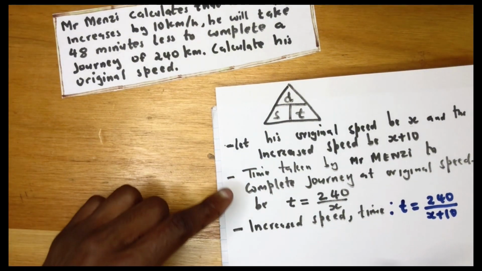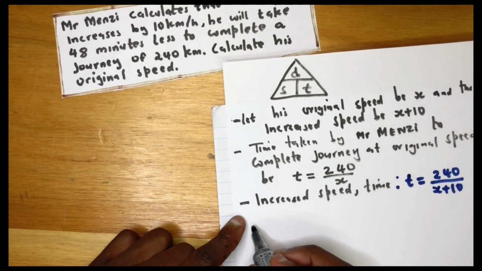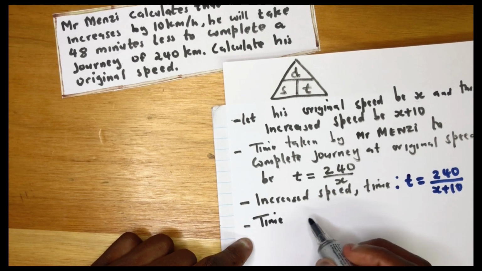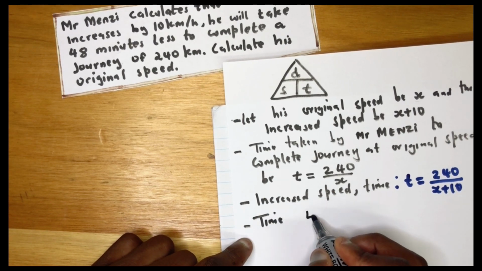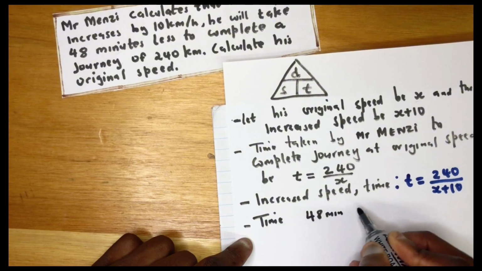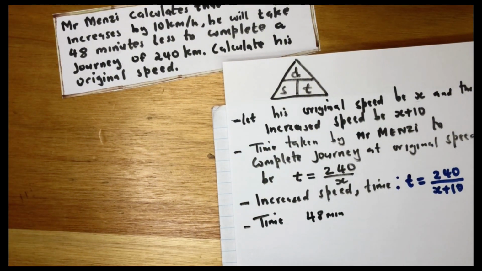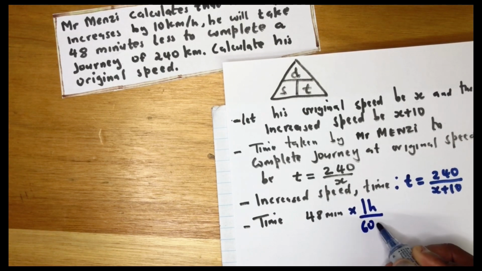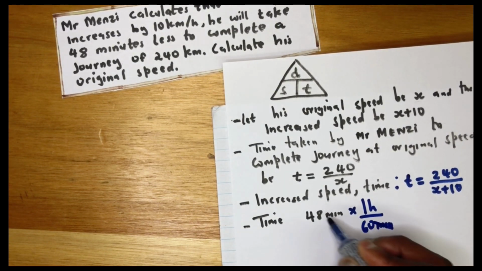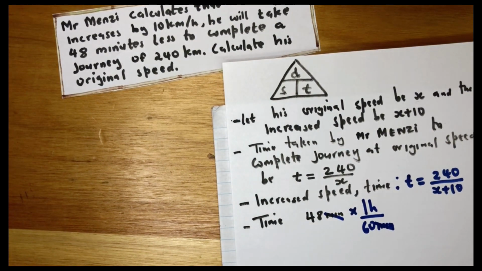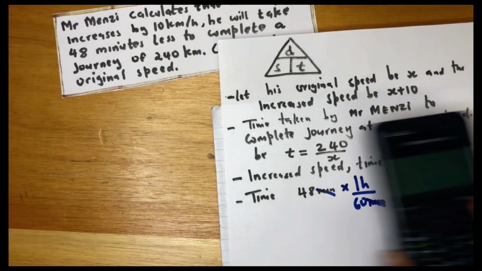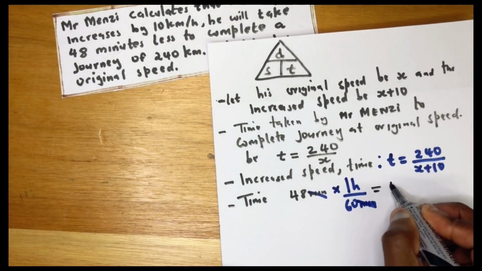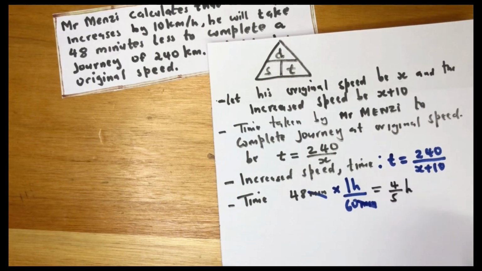So the time is 48 minutes, times 1 hour over 60 minutes. The minutes cancel out. If I press on my calculator 48 divided by 60, we get 4 over 5. So we have 4 over 5 hours.